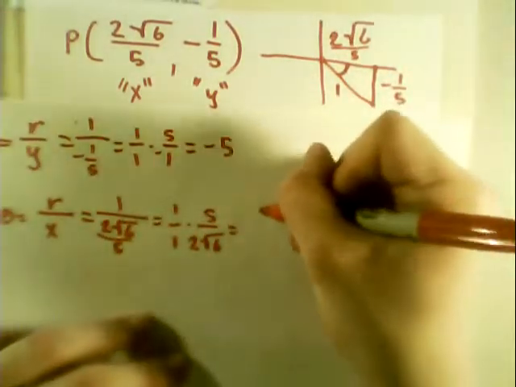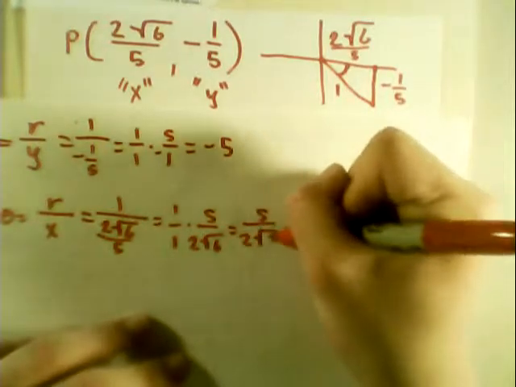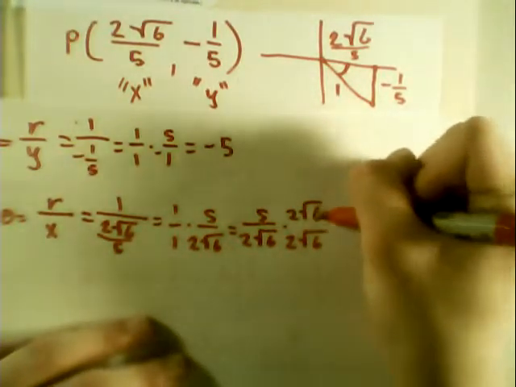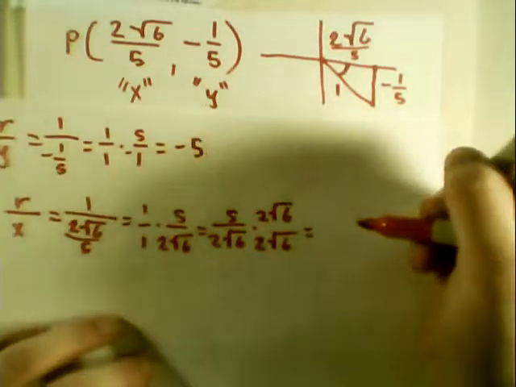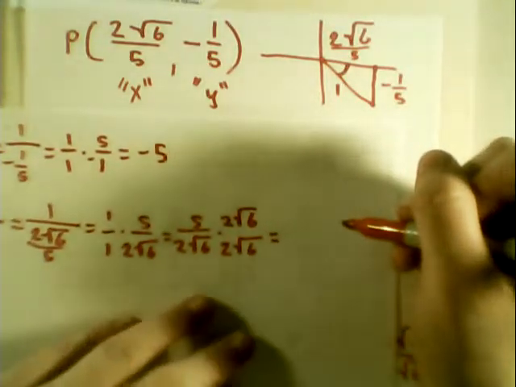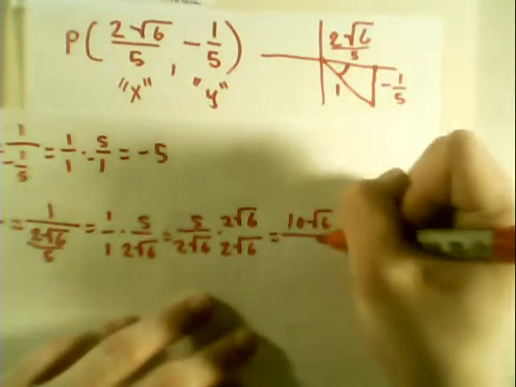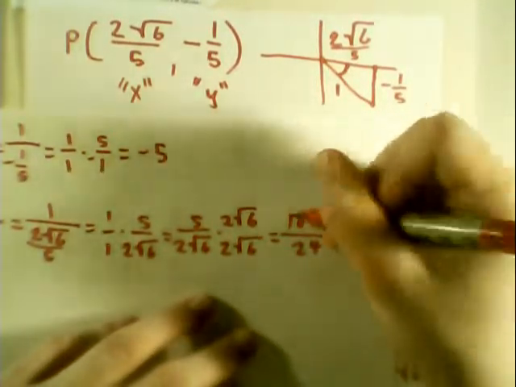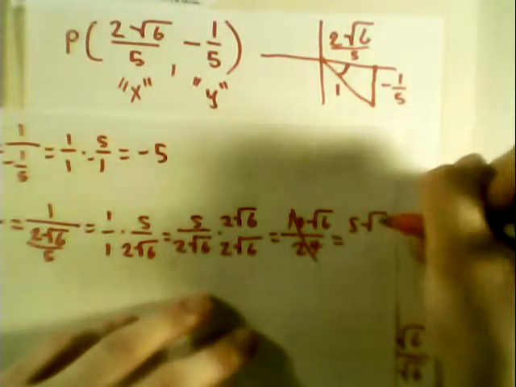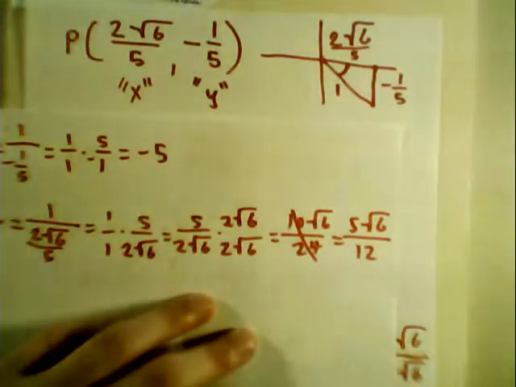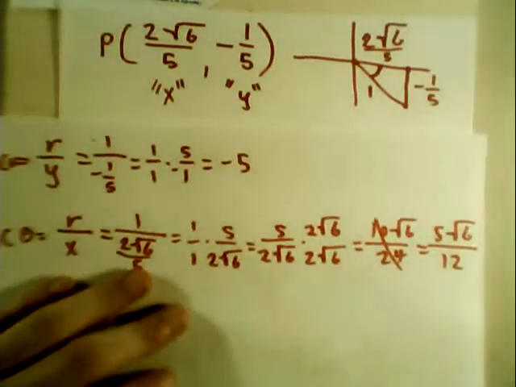But that's going to be 5 over 2 square root of 6, and you're going to have to rationalize. And you can reduce. And 5 square root of 6 over 12 is the answer for our secant.